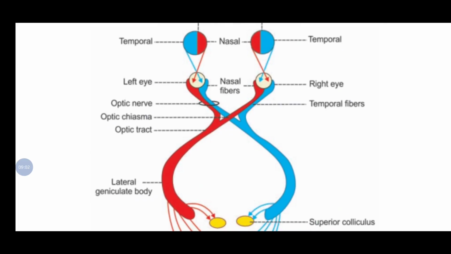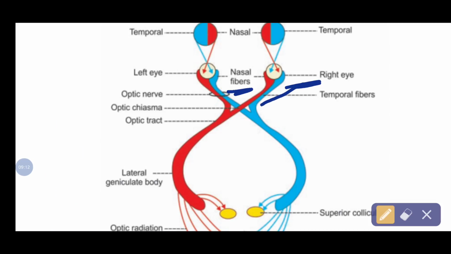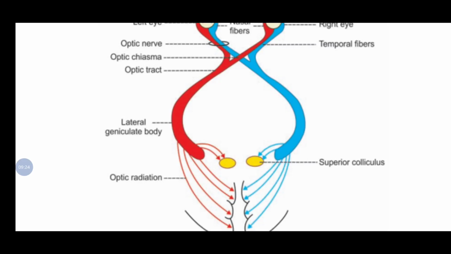Now once it crosses the optic chiasm, it is called the optic tract. So here, as you can see, the nasal fiber of the right eye goes to the left side. Okay, it continues as the left optic tract, and then it goes up to the lateral geniculate body. Now the lateral geniculate body is present in the thalamus.